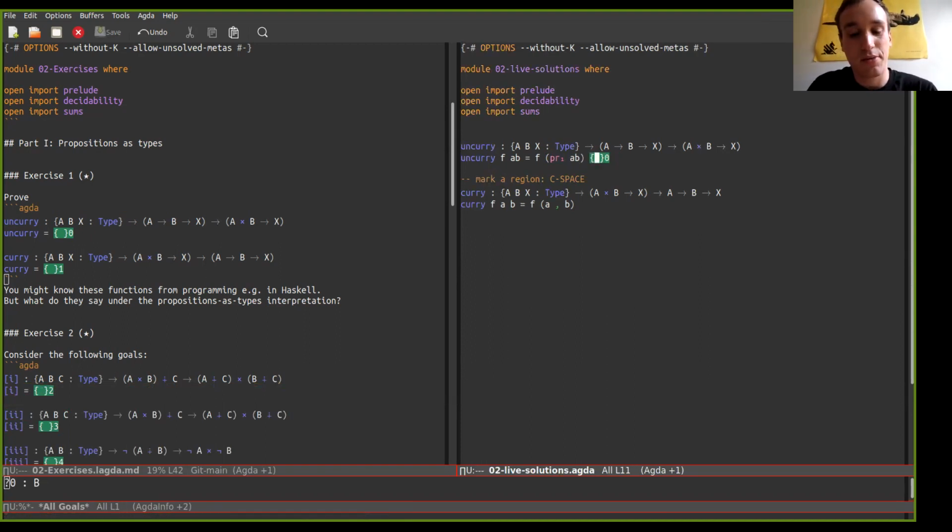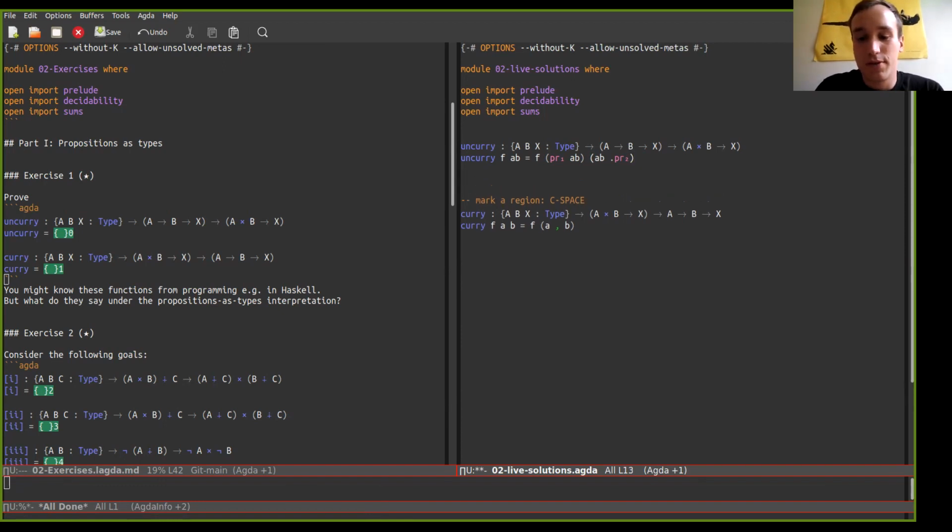And for the second thing, we do the same, but maybe, I don't know if you have seen this, for record types you can also use dot notation. You could also write AB dot PR2, which is the same as PR2 AB. Sometimes this is more readable if you have record fields with a dot at the end of your term.